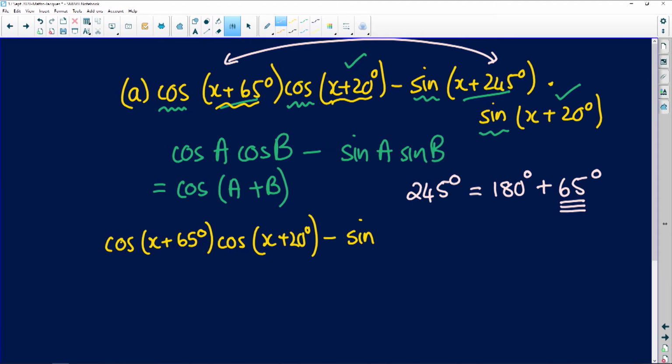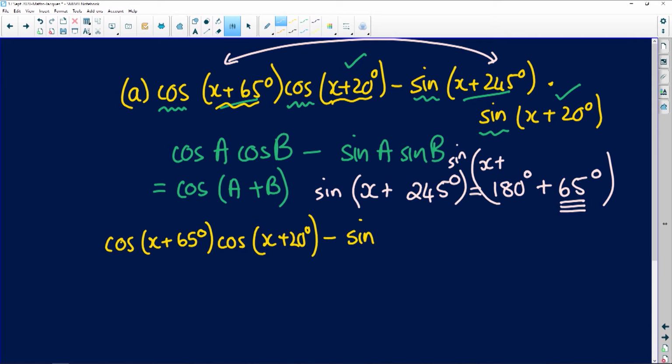Okay, folks, now remember, that angle is a complete angle where there's already an x. So I have x plus 180 plus 65. If I apply my reduction formula, the sine of (x plus 180) is simply minus the sine of x by itself.